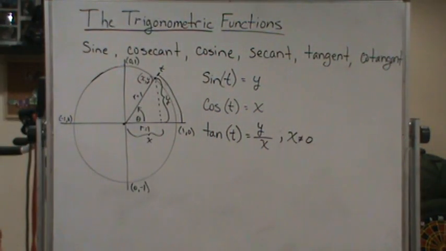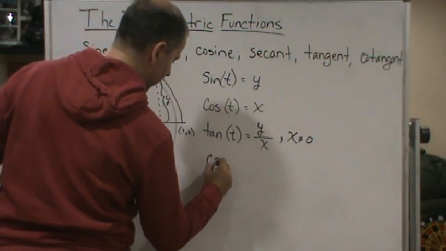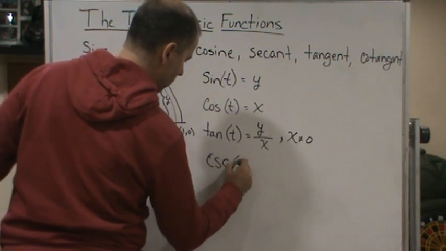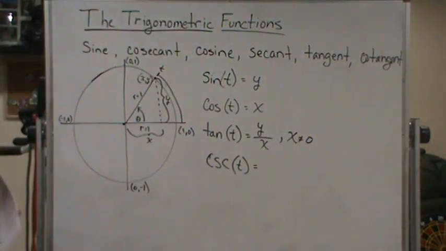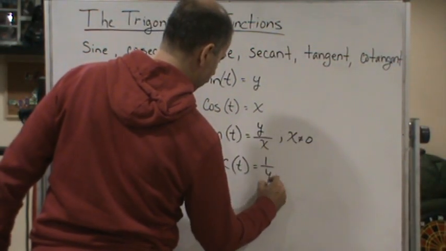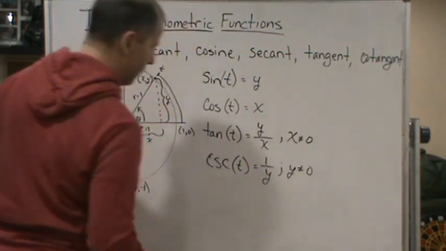Cosecant, we abbreviate that this way, CSC. Cosecant is 1 over y. Obviously, y cannot be 0.